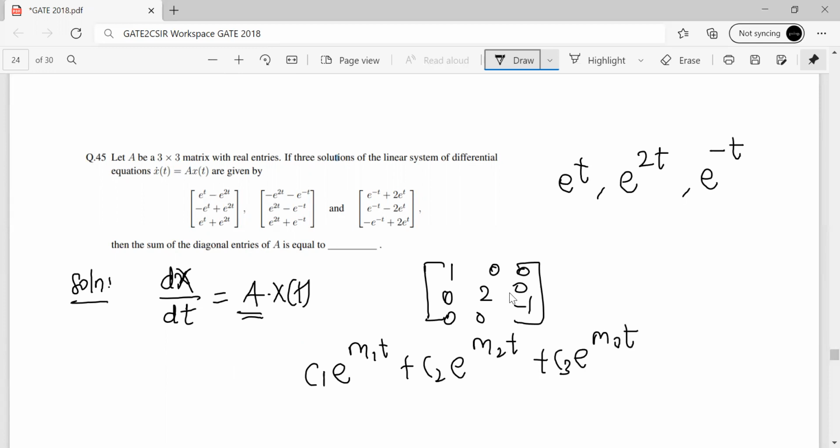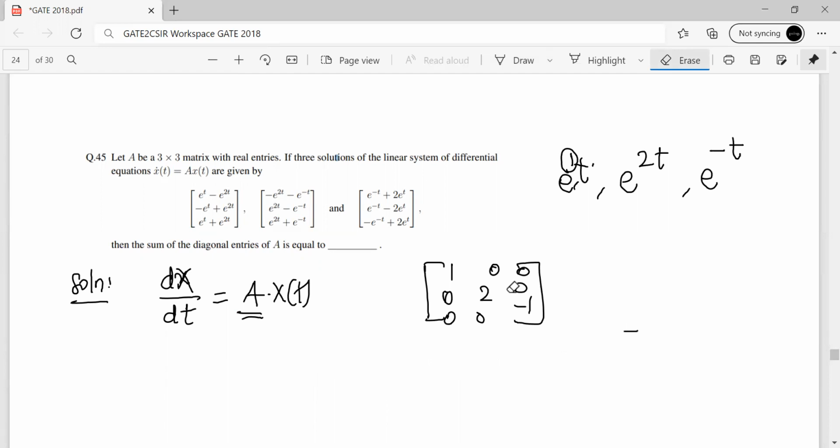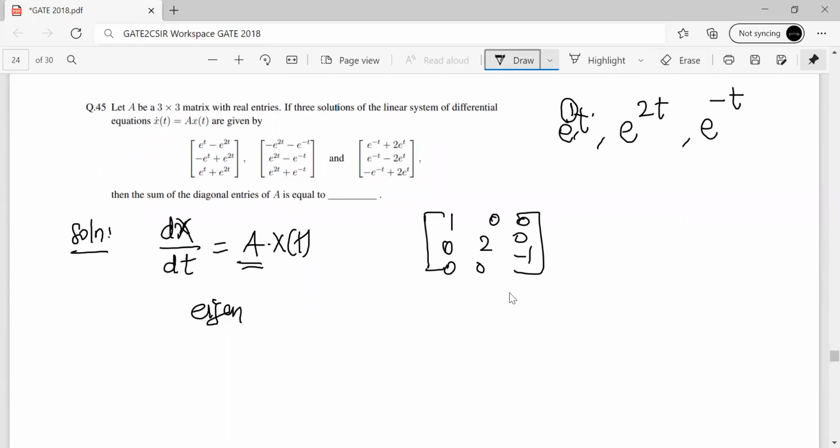This is how we get the solution. Since the solution is given in terms of e power t, m1 must be a root, so it should be one of the eigenvalues. m1, m2, m3 are the eigenvalues. So I directly find the eigenvalues: 1, 2, and minus 1.